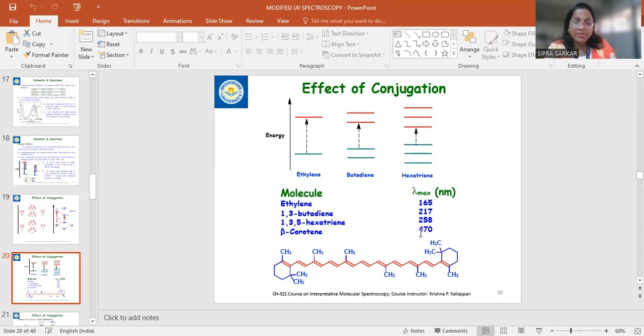See, at 470 nm, beta-carotene is a colored compound that is visible, above the UV range. So we should choose a solvent which has a lower absorption maximum than this.